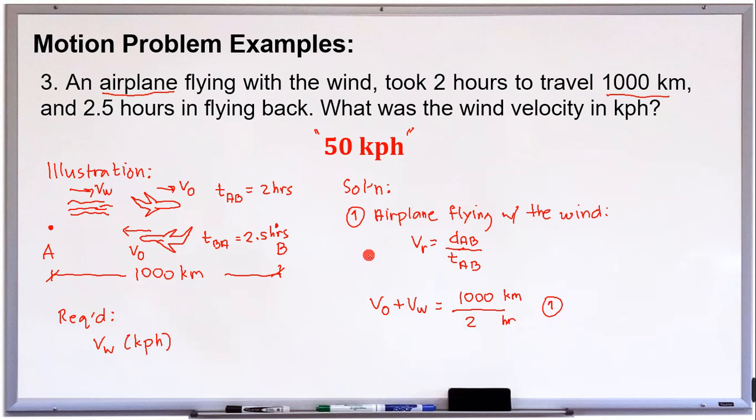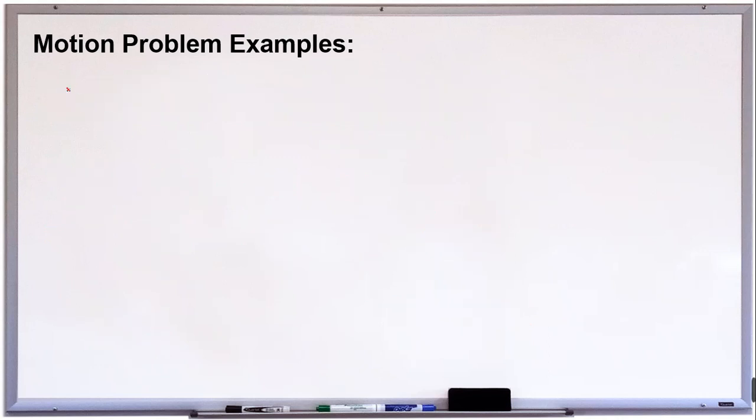Next, we will proceed to the second case, and we're going to write this one in this slide. So the second case is that the airplane is flying against the wind. If that is the case, then the resulting velocity or speed of the airplane is the difference of its absolute velocity V sub O and the wind velocity.